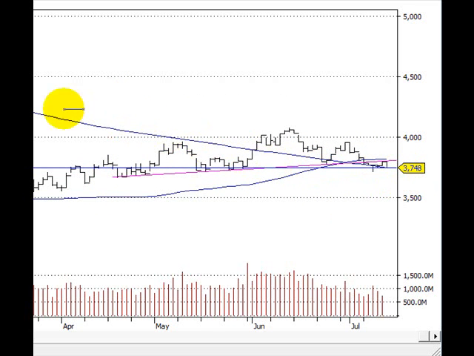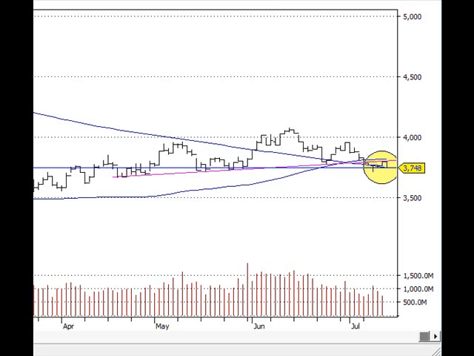We've also got our major long-term moving average coming into play as well. So this level is a confluence of resistance, hitting the top moving averages and trend lines, and then we're also coming down through support. So I have no idea where it's going to go from here. Probability says it's going to go up, probability says it's going to go down. So it's really 50-50 at the moment.